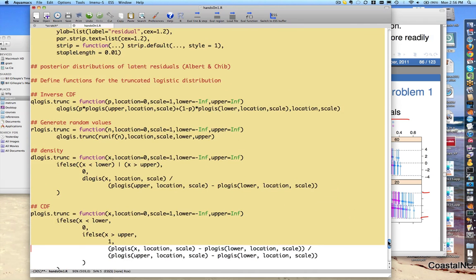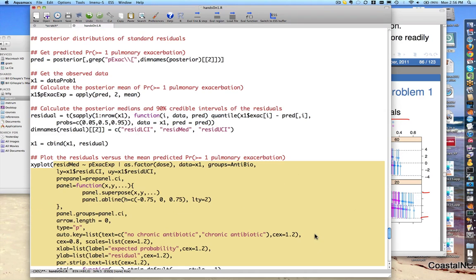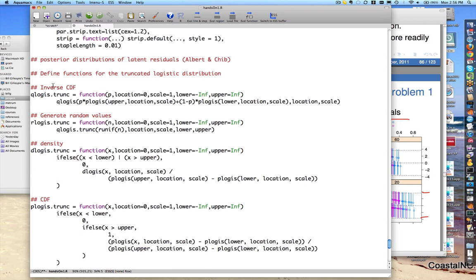It gets a little messier when we have to deal with the latent residuals, and you can see those beginning right at this line here. And I have to do a little stuff up front here. In particular, I need some functions for the truncated logistic distribution, because those are not built into R, so we go ahead and build some here.